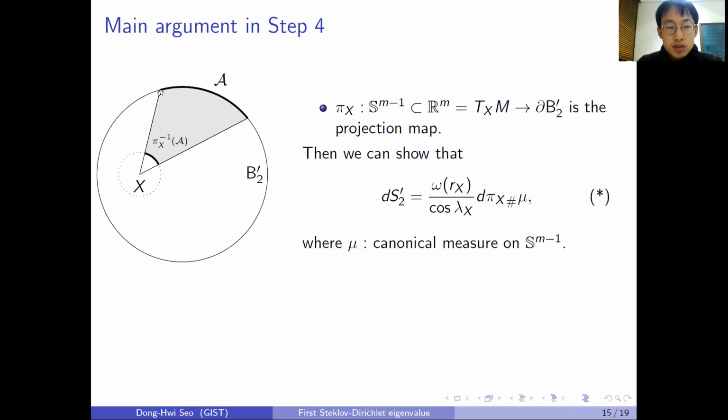So our infinitesimal area of the boundary of the outer ball is computed by the solid angle times the density function divided by cosine lambda sub X. And this formula is obtained by using the divergence theorem, but we omit the proof in this talk.